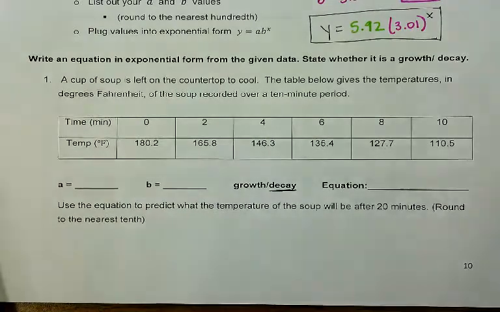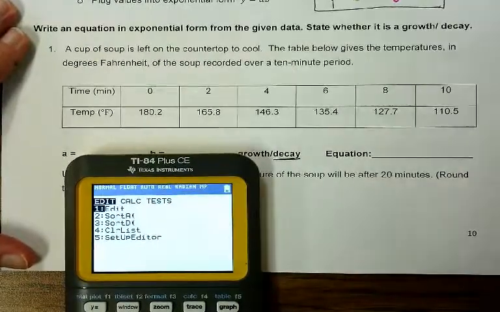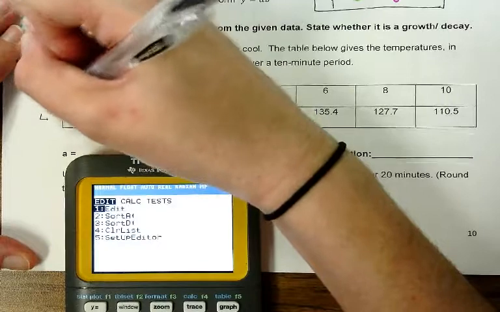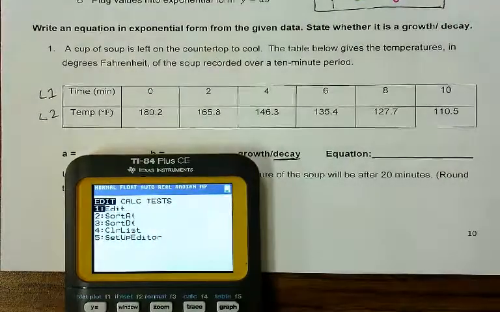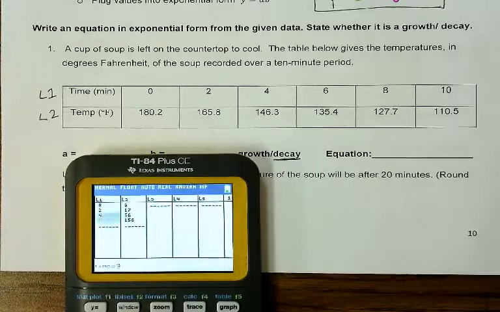But let's go ahead and put in our values. So guys, we're going to put all of our x values, all the time, in list 1, and all the temperature in list 2. So I go here and I go 0, 2, 4, 6, 8, 10.